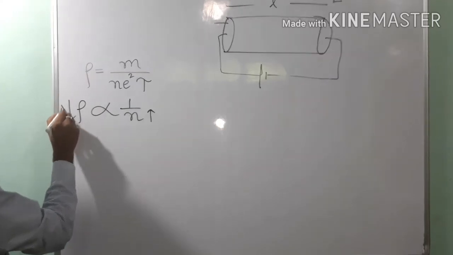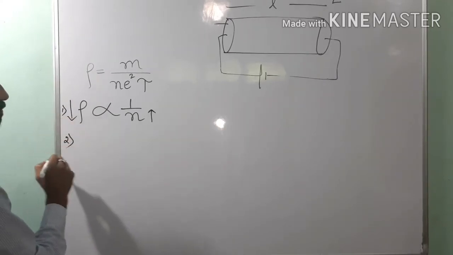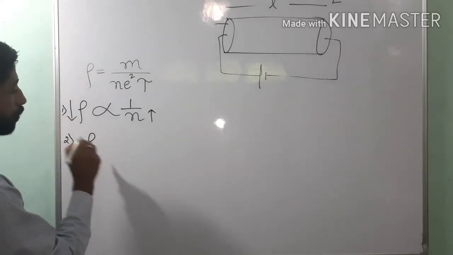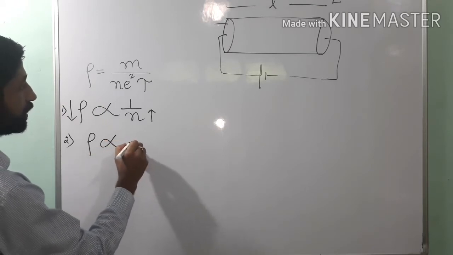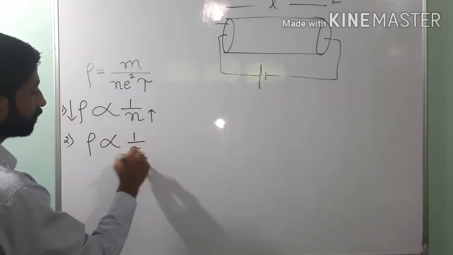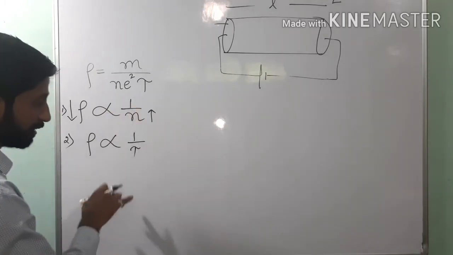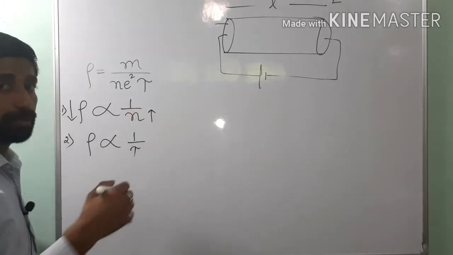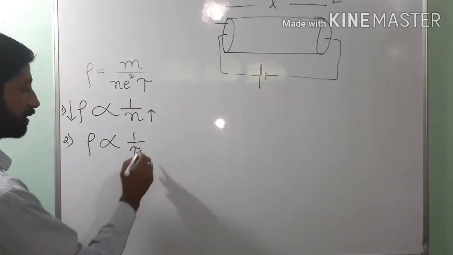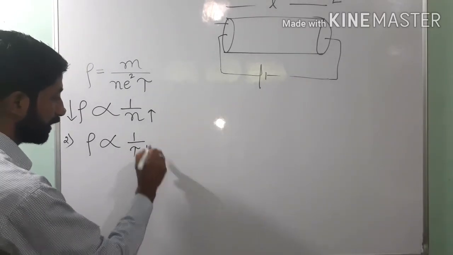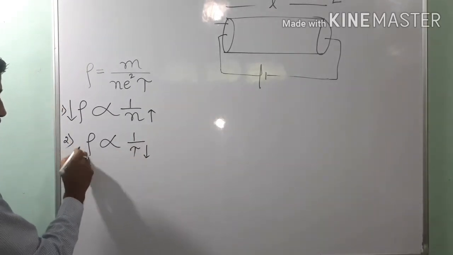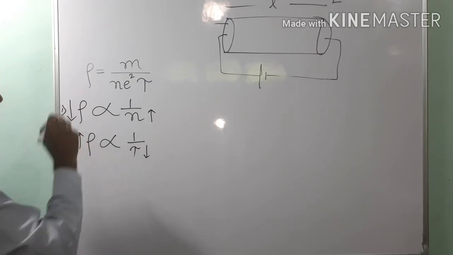Okay, relation number 1. Case number 2, rho is again inversely proportional to relaxation time. If relaxation time decreases, and we shall discuss how it can be decreased or increased, then the resistivity will increase.